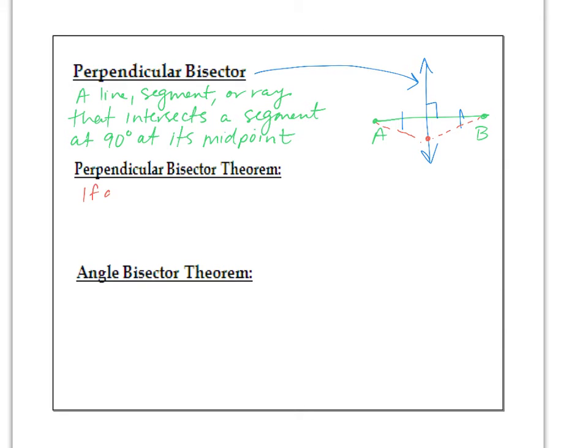If a point is on the perpendicular bisector of a segment, then it is equidistant.